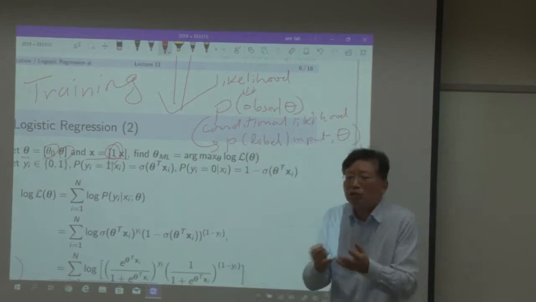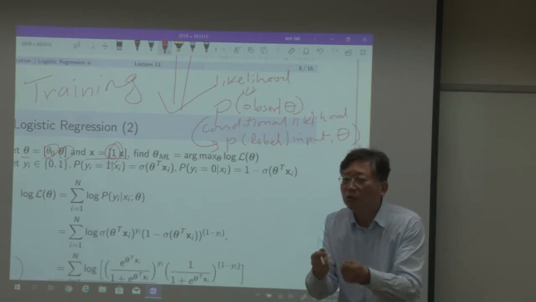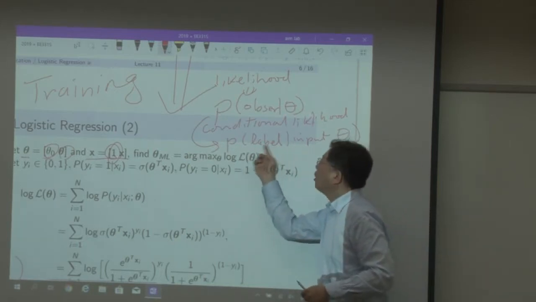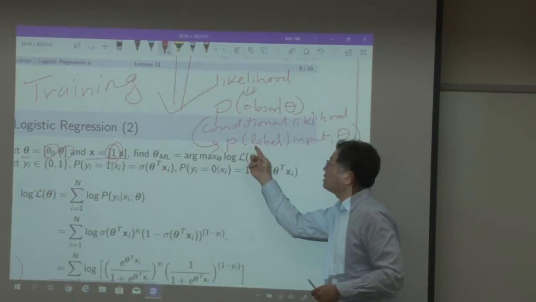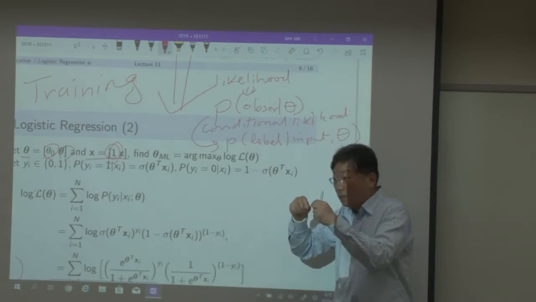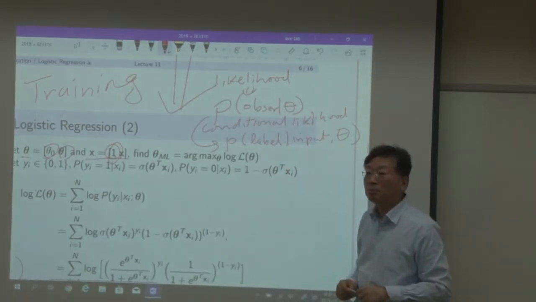And what observation do I have? I have data and the label. Which one? I want to maximize the probability of the label given some input and some parameter.